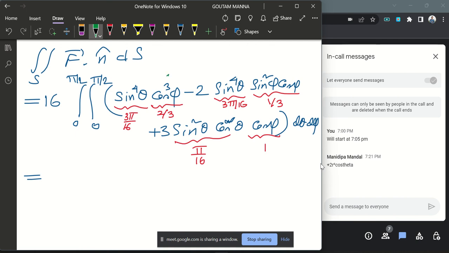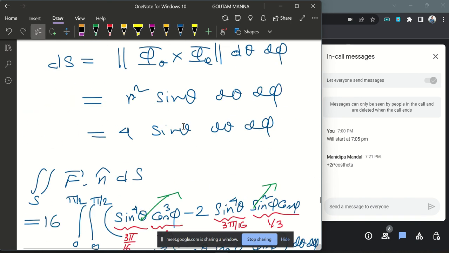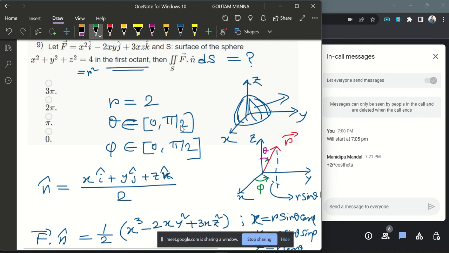So these two terms will cancel basically after the integration, and so we have 16 outside, times 3, and after the theta integration we will get pi by 16, and after the phi integration, here it will be 1. So we will basically get 3 pi. So the correct option is the first one.